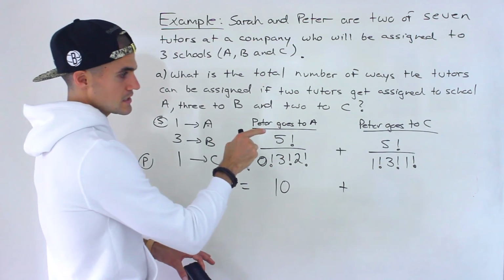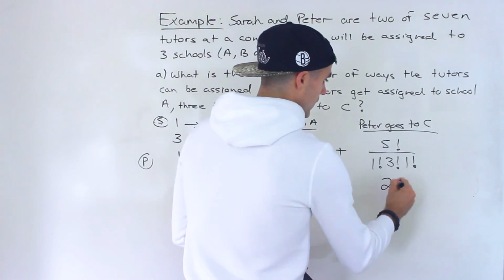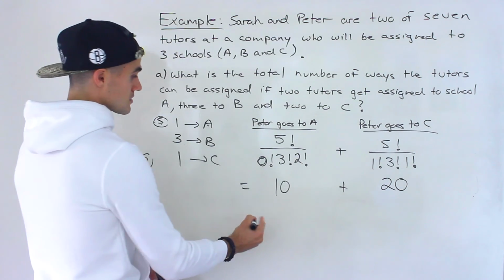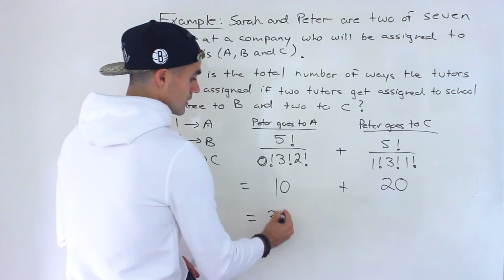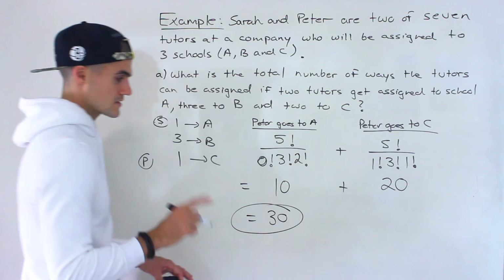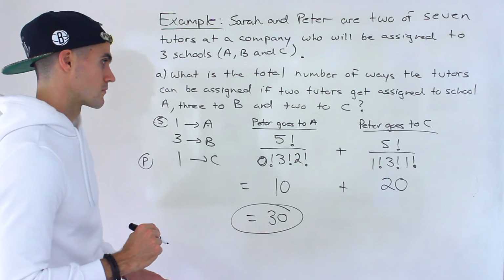If Peter goes to C, then this here would be 20 different ways. And so the answer to C is actually 30 as well, as it was to B.